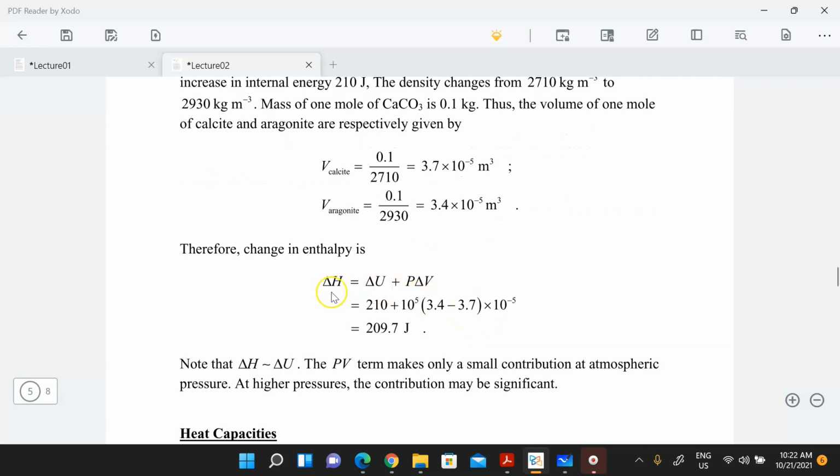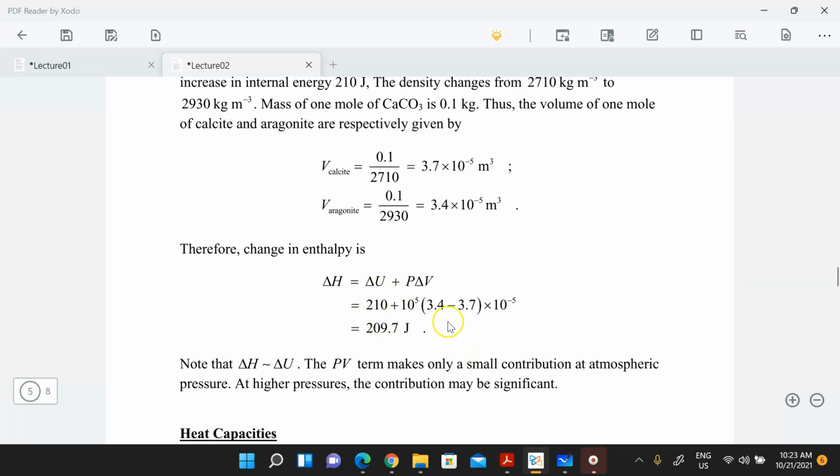Then you can apply again this formula that we had seen earlier, which is dH equals dU plus P dV, okay, and then you just substitute the values in, and then you find that your dH or delta H is just 209.7 joules, which is very close to your change in internal energy.